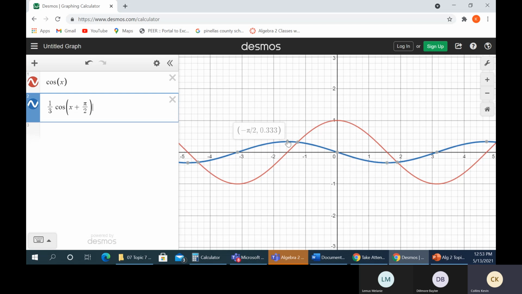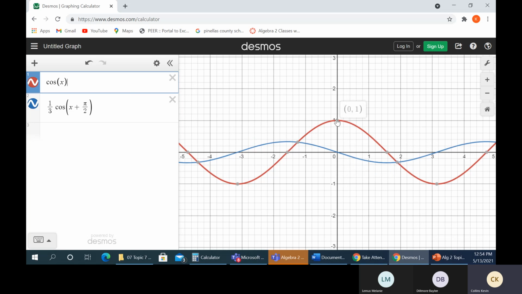And notice that when that happens, we are at negative pi over 2, which again, if you plug in negative pi over 2 right here, then this whole thing becomes 0, and it's like moving back to the cosine of 0, which was our starting point here. And so we have a smaller wave. Now the period is still the same.